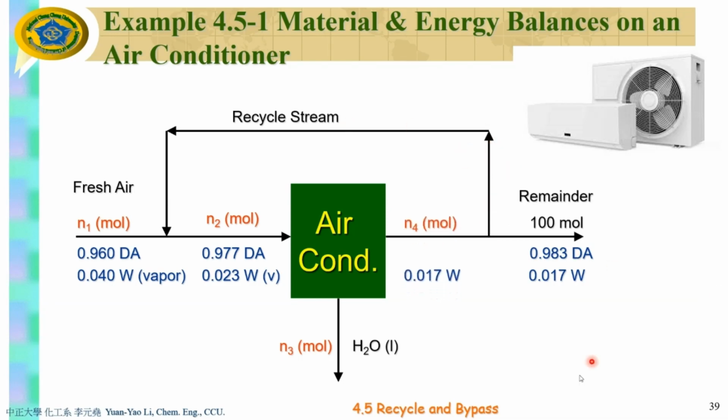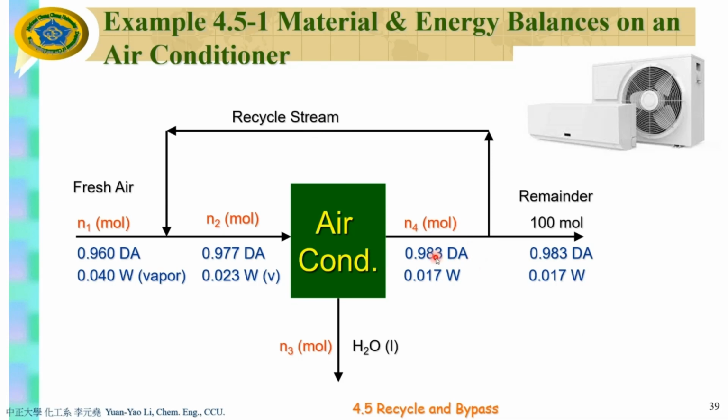The fraction in this stream will be exactly the fraction in this stream. Why? Because this stream splits into two. One is output, one is recycle stream. So there's nothing changed in terms of the fraction.